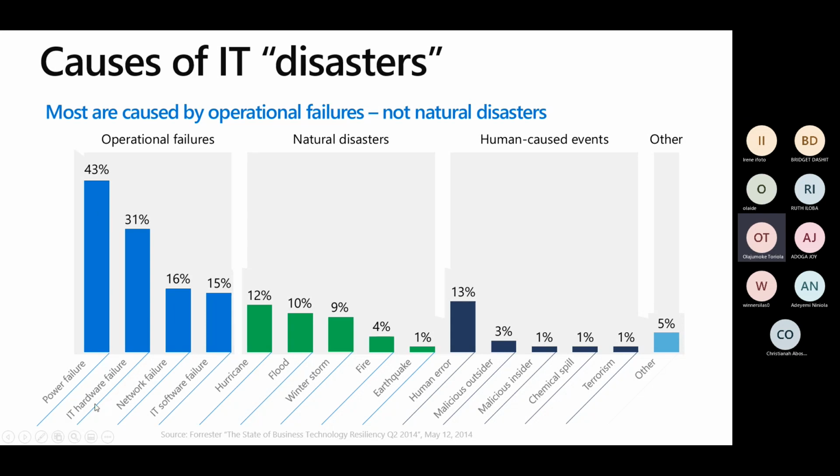Again, you look at IT hardware failure. Failure can come in any form. If you have too much downpour today, you can actually have a thunderstorm, and that can fry the motherboard of your system. I'm trying as much as possible not to use too many technical words, because some of us are new.